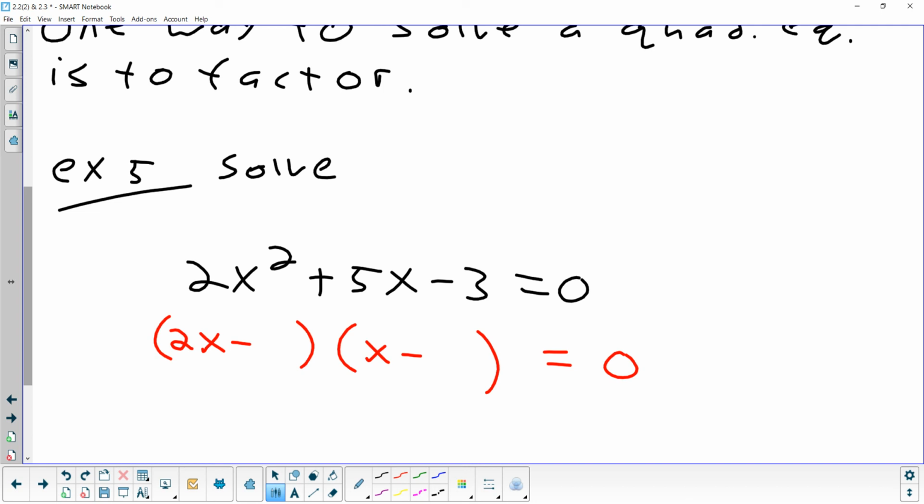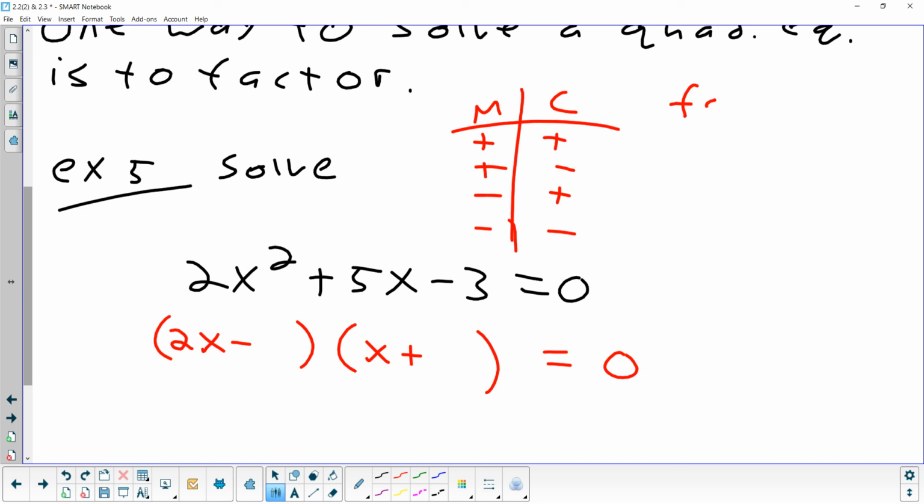Yeah, one of them has to be a plus sign, and it does make a difference which one. I would try this one, because that's the one that works. So we have a minus and a plus. If you need that chart, so middle, constant, you could have a plus plus, plus minus, minus plus, minus minus.